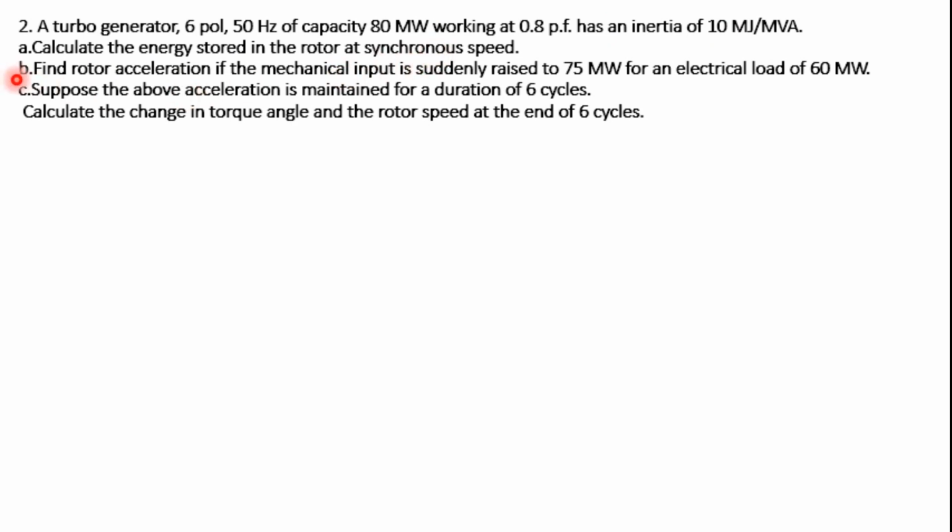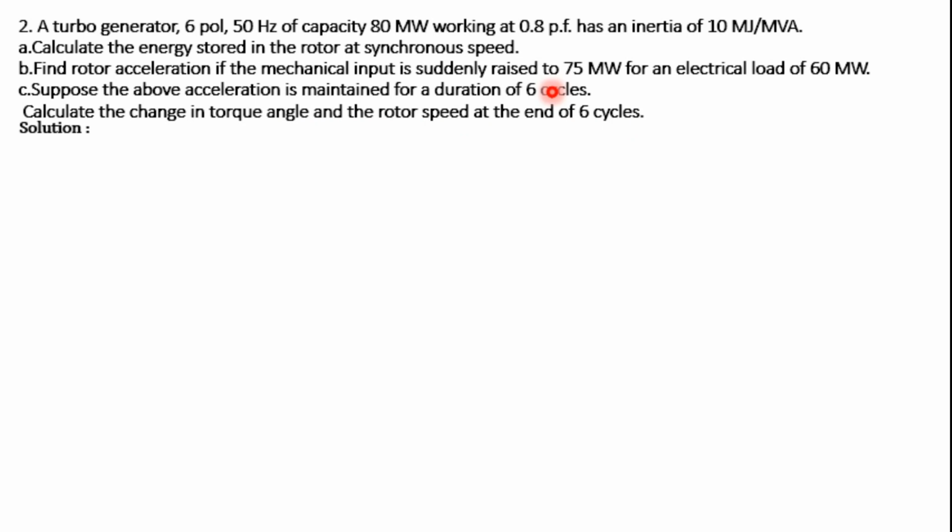Second, find the rotor acceleration if the mechanical input suddenly rises to 75 megawatt for an electrical load of 60 megawatt, meaning earlier it is 60, now it rises to 75. Suppose the above acceleration is maintained for a duration of 6 cycles; calculate the change in torque angle and the rotor speed at the end of the 6 cycles.